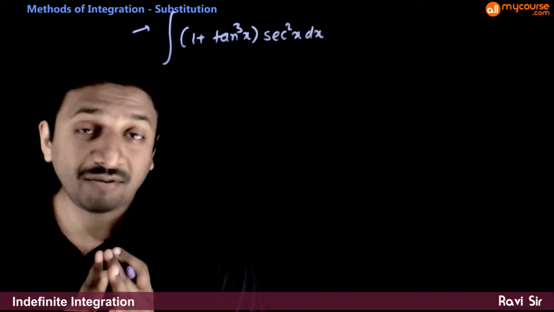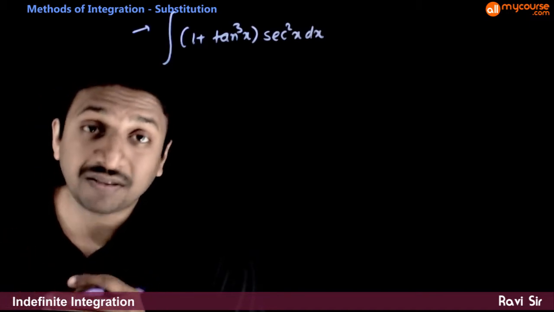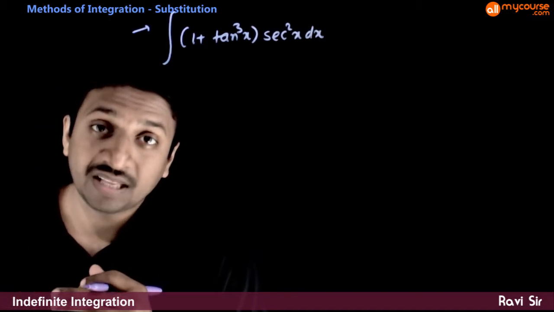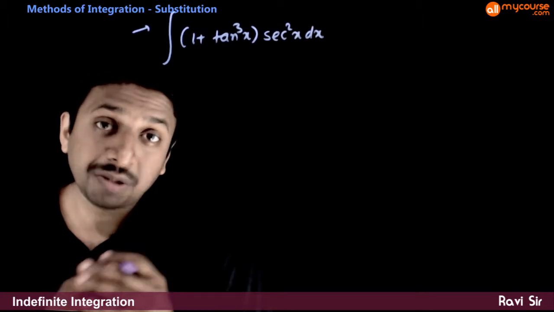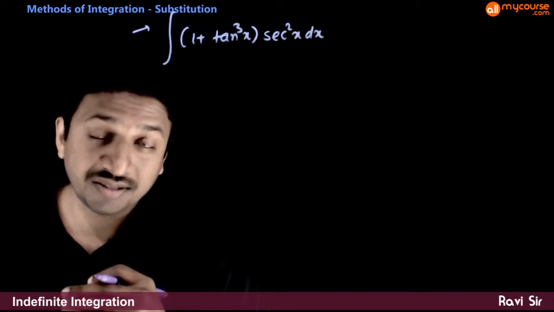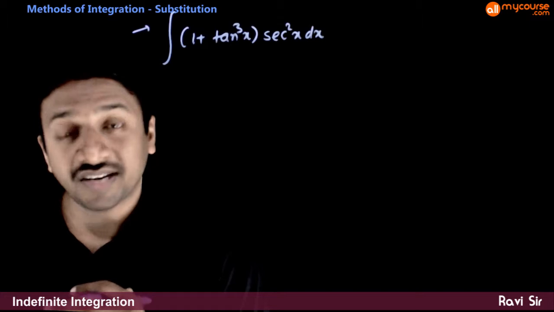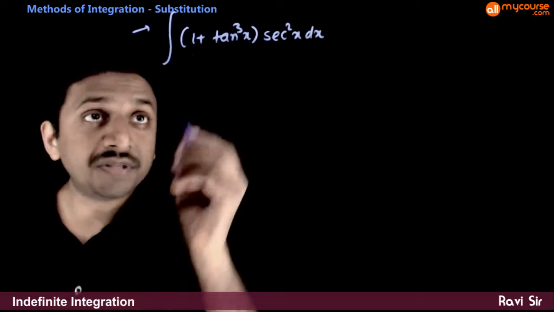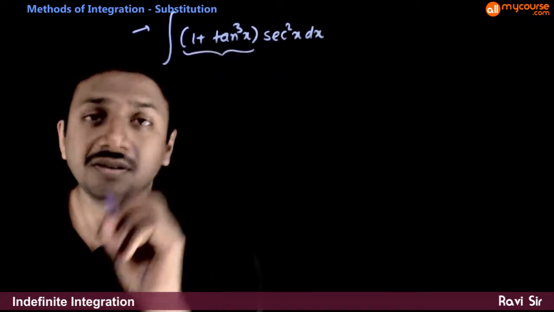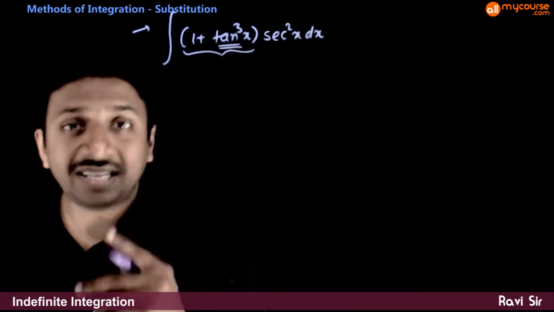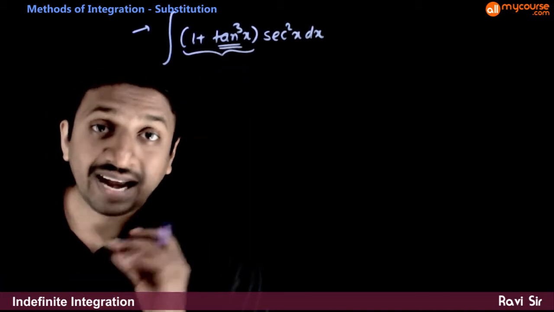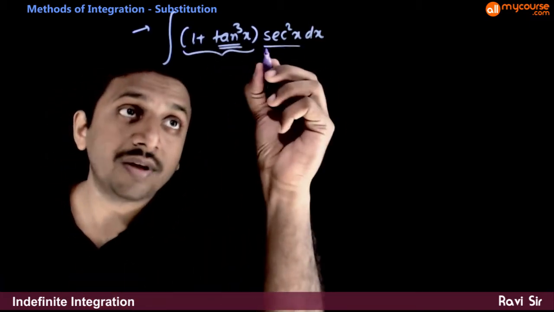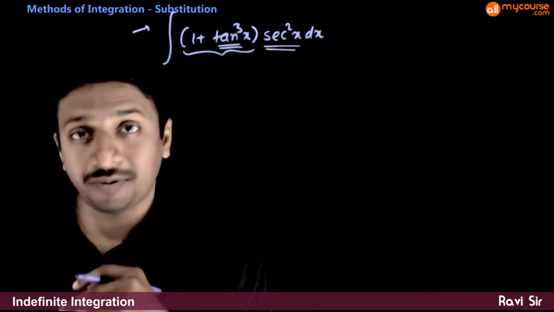Normally, if you have to do this integration by the previous methods, it is very difficult. Now using the substitution method, what we first do is we'll try to simplify this integral. Here you observe that the first function is made up of tan x, and tan x's differentiation is secant square x, which follows.